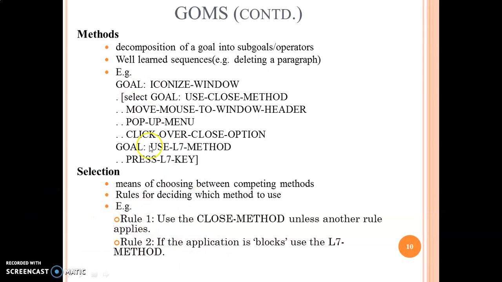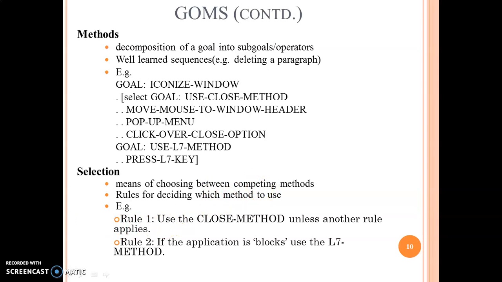From the above snippet, what we have observed is the use of the word select where the choice of method arises. GOMS attempts to predict which method will be used and this depends both on the particular user and on the state of the system and details about the goals. So it basically means choosing between the competing methods.